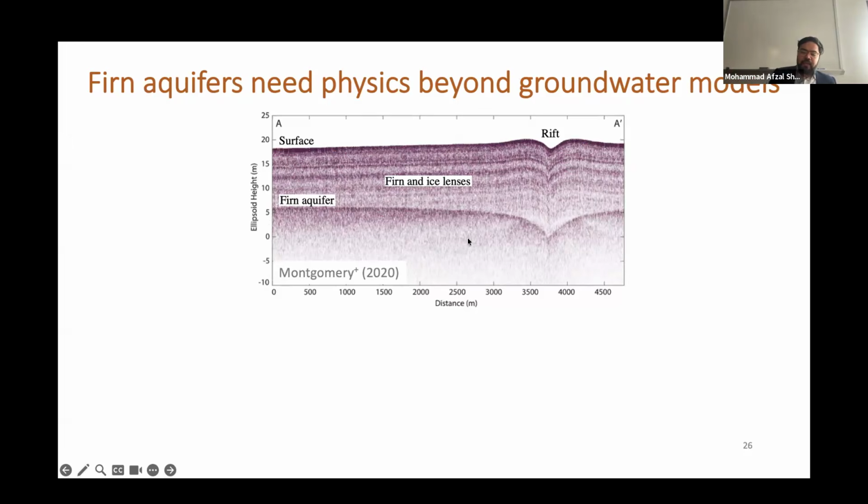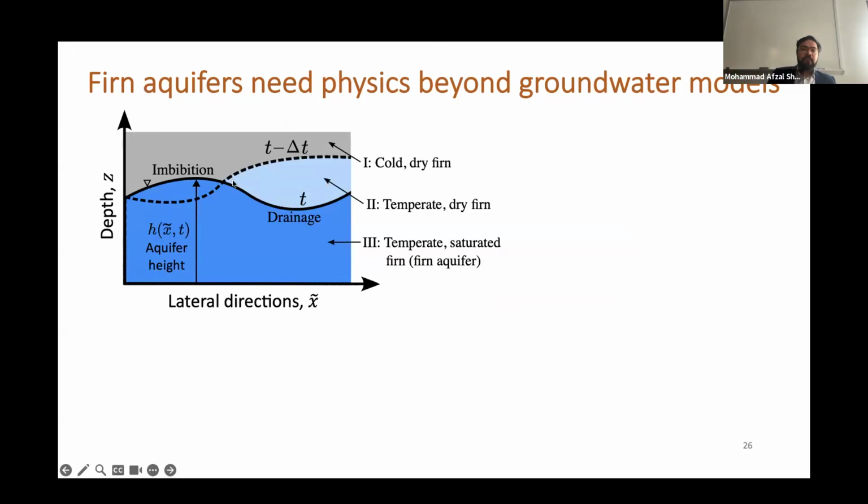Based on this idea, we came up with a conceptual model of firn aquifer, where in this plot, which has depth and lateral directions, the gray region is undisturbed and cold firn, say at -20 or -30 degrees Celsius or -5. The light blue region is the temperate firn, shown here in sky blue color, which is firn which was invaded earlier in its history. It's now 0 degrees Celsius, but there is no liquid water in it. It's completely dry. And the blue region is your firn aquifer.